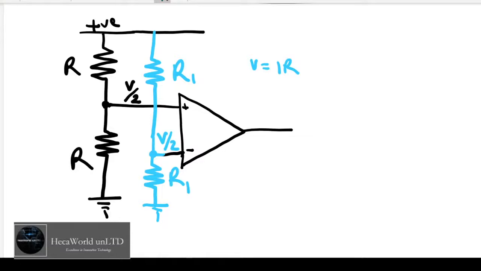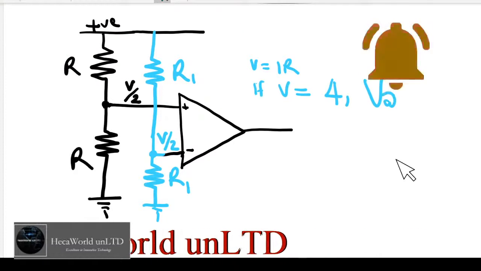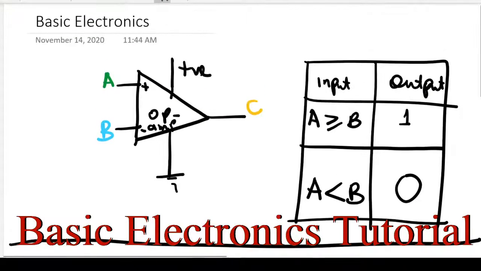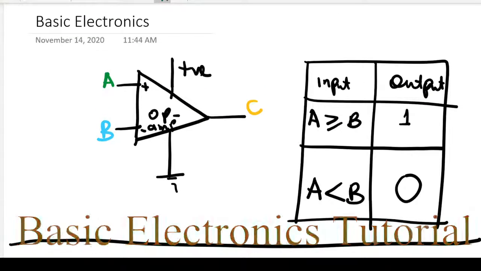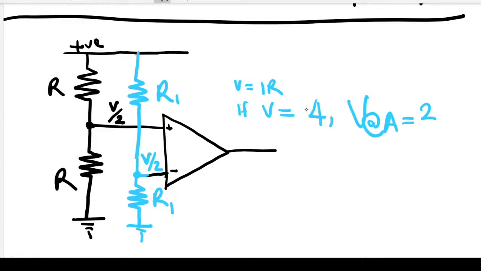So if V is equal to, let's just use a number, let's say 4, then we call the inverting input B and the non-inverting input A. So if voltage at A is equal to 2, at the same time voltage at B is equal to 2.